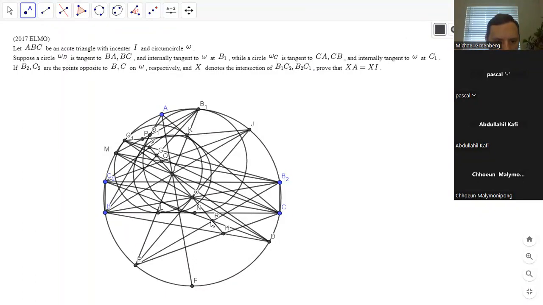And then R. So C2B2E and C2BE and B2CD means that HO and R are collinear. I'm missing one.